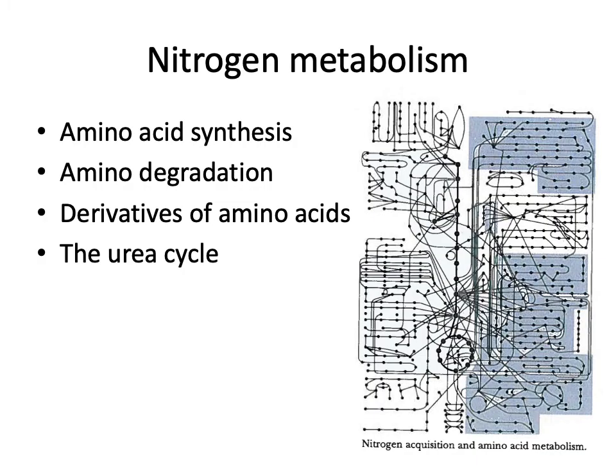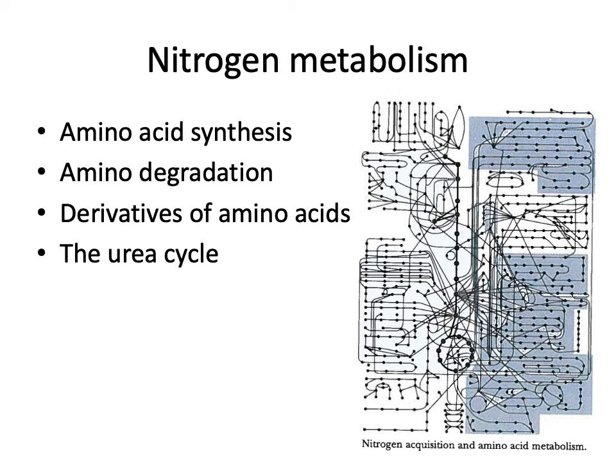But I just want to show again this diagram out of the textbook of many of the reactions involved in metabolizing different types of compounds. And the shaded areas in this diagram indicate where reactions involving nitrogen containing molecules are.